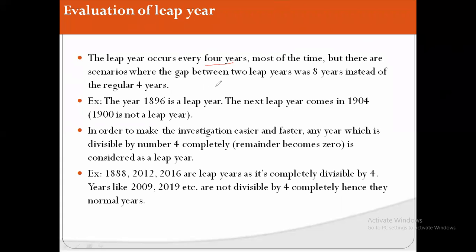Some situations, that is when the centuries are changing. If it is changing from one century to another century, then there is a chance of an 8 year gap between the two leap years.